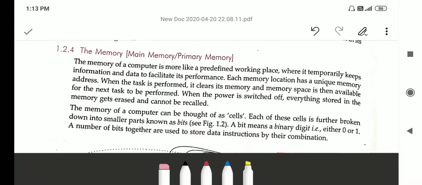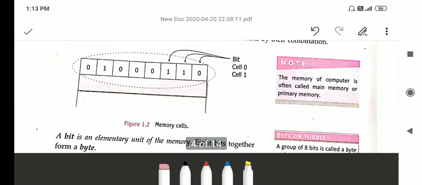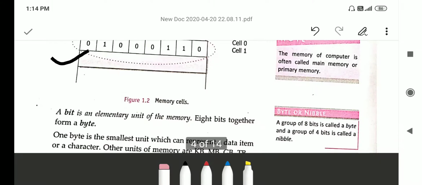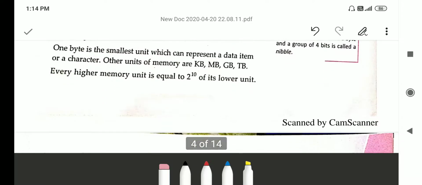RAM, you must know some basic properties of RAM. RAM will lose its data whenever the electricity is switched off. It is volatile in nature, meaning we can't save data in it permanently, and it stores data in the form of 0s and 1s inside the memory component. You can see here the memory of a computer is often called main memory or primary memory.